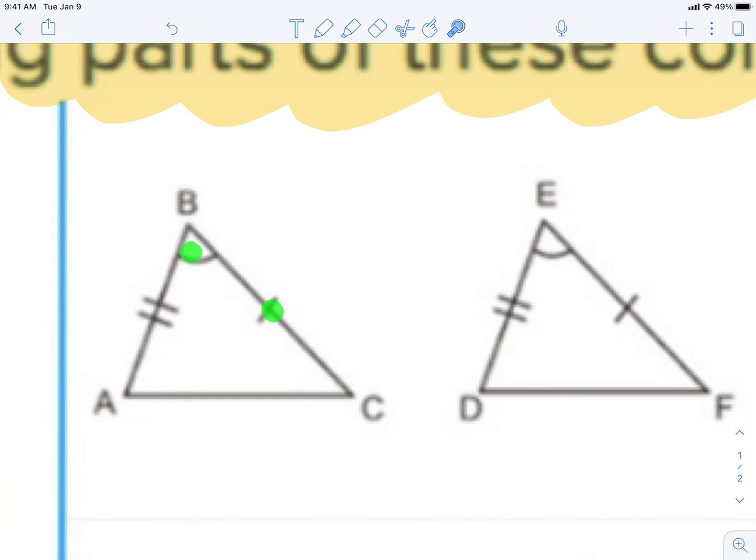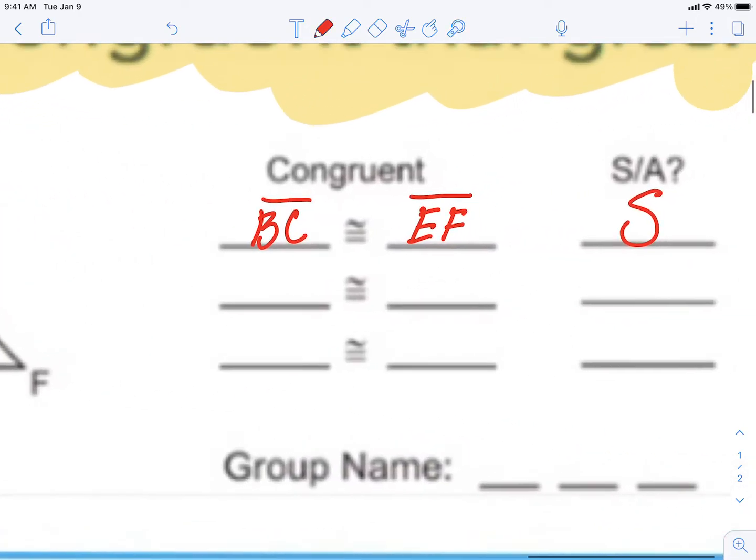Now let's go to this one. What is this? This is an angle. It's congruent to that angle. So angle B is congruent to angle E, and those are angles.